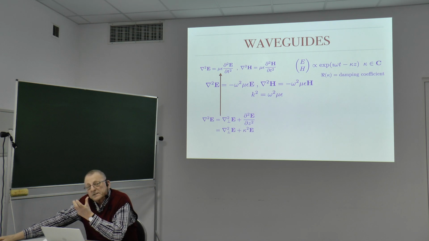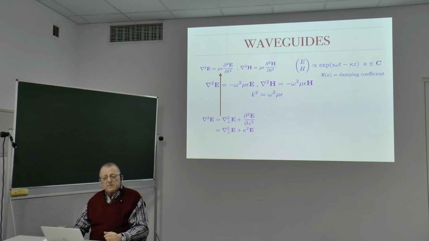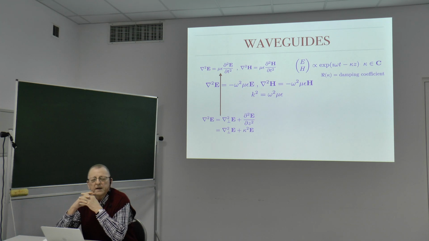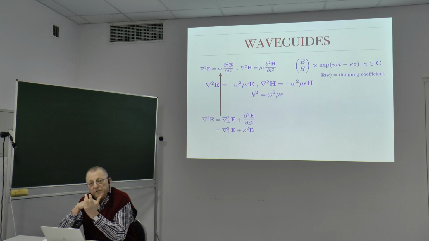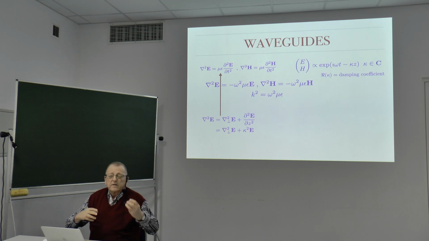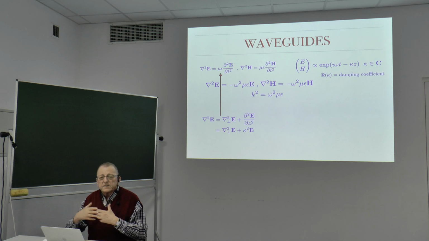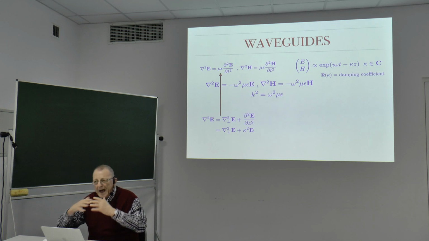But if it has an imaginary part, then it is an oscillatory part, and the imaginary part of kappa, well, actually its inverse divided by 2 pi, is the wavelength of the wave which is propagating. So if kappa is a complex number, so it has both real and imaginary part, then this solution would describe a wave which is also damped.